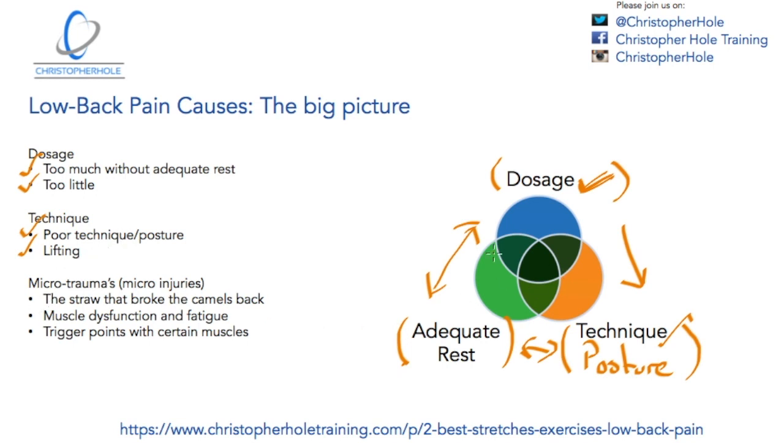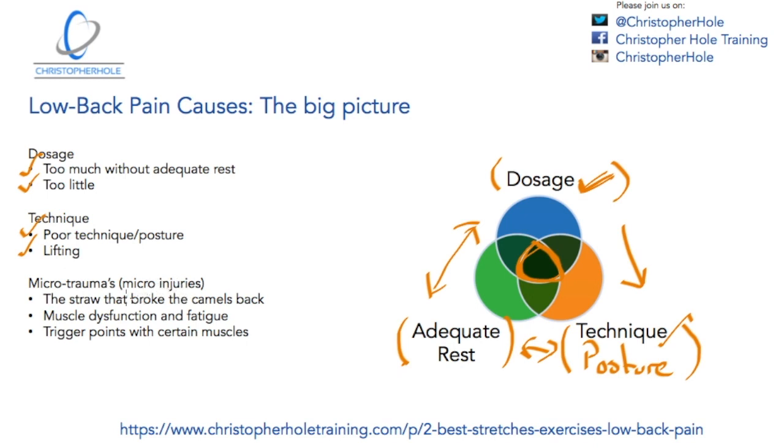Because what all these three things are doing, if you haven't got them in this sweet spot, where they overlap, which is where I would describe you have a healthy back, is you get little micro traumas. These are essentially little micro injuries. So when you lift a box up once with bad technique and you don't feel pain, you cause an injury, but the injury is so small that you don't feel it.